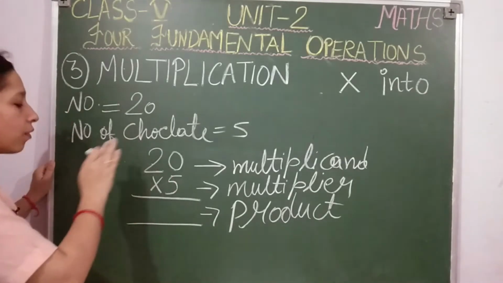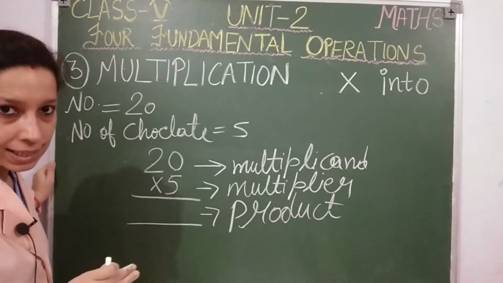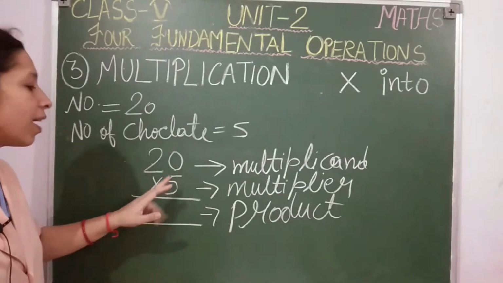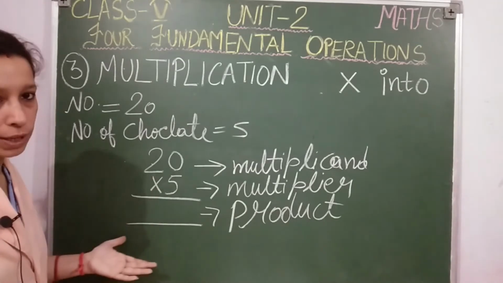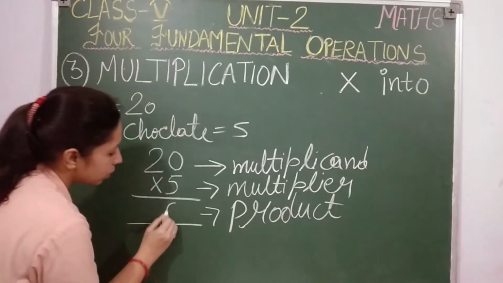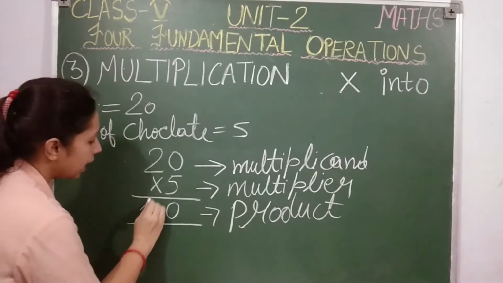After ones, we will take the next digit, the tens digit. But in my example for now, I have taken only 5, and 5 is at the ones place only. So let us multiply. 5 into 0, 5 zeros are 0, 5 twos are 10.